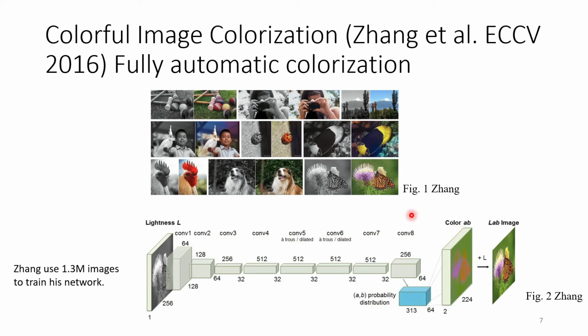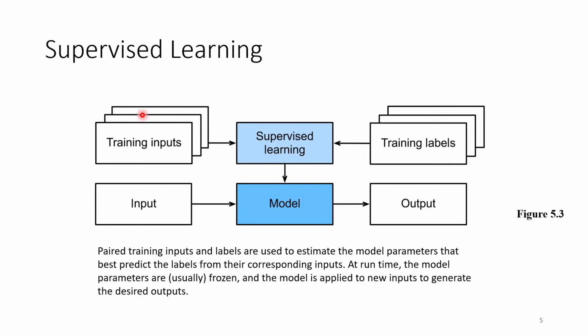So this is supervised learning. The authors use 1.3 million training images. Here, this is the learning pair: the training input, the grayscale image, and the training output or label, the AB channel. After watching the 1.3 million training images, they learn a mapping function from the training input to the training output.